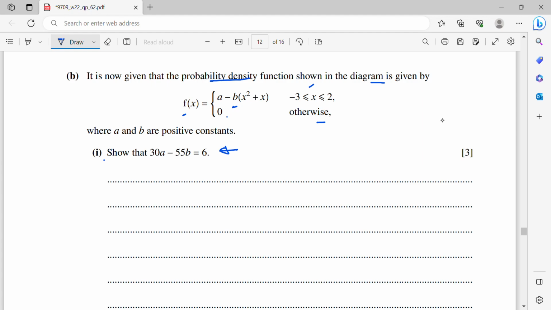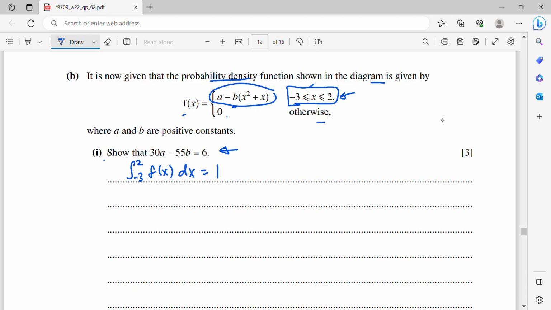So to show this, I will use integration. Because we know that if the function is defined for x between minus 3 and 2, the integration from minus 3 to 2 of f(x) must be 1. That is the property of probabilities. So integrate from minus 3 to 2 of f(x) dx is 1, which is the total probability.